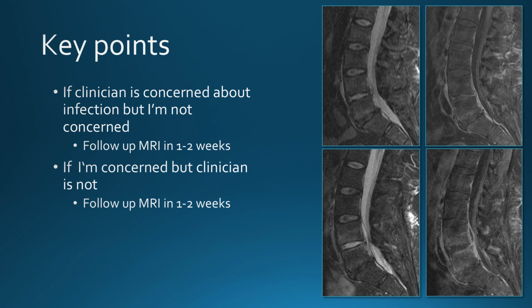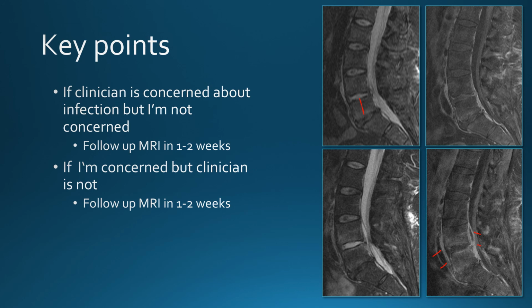Here we just saw some loss of the intranuclear cleft, which is not a very specific finding. And then a week later, fairly obvious signs of discitis, osteomyelitis with epidural abscess. So it doesn't take too long for these findings to progress. So if you see progression in a week or two, you're dealing with infection.